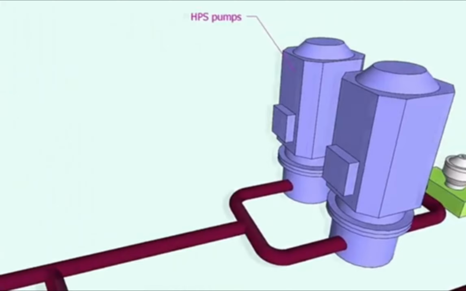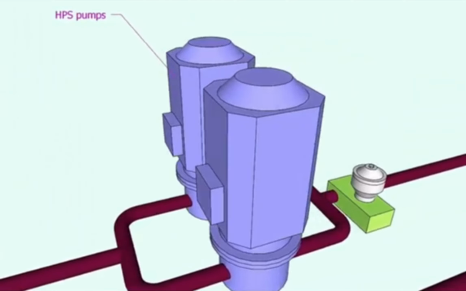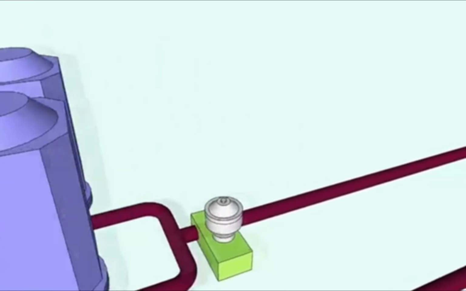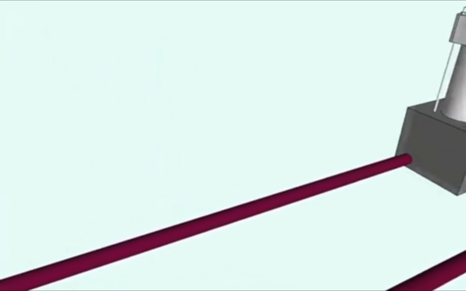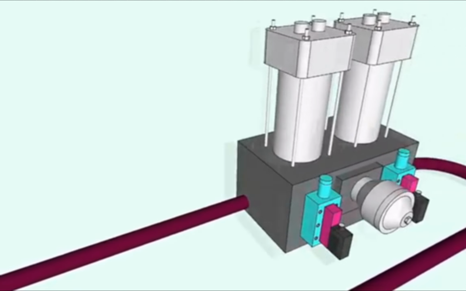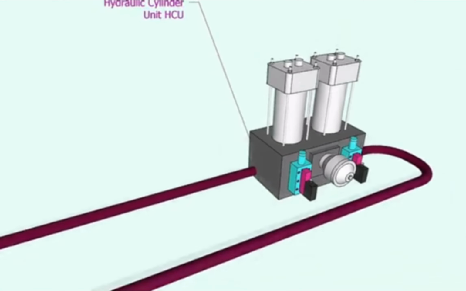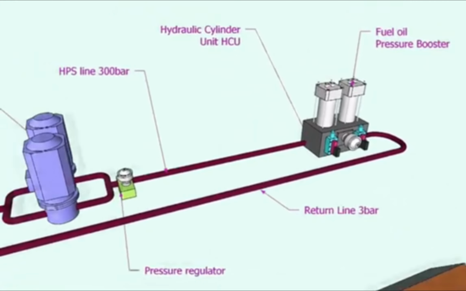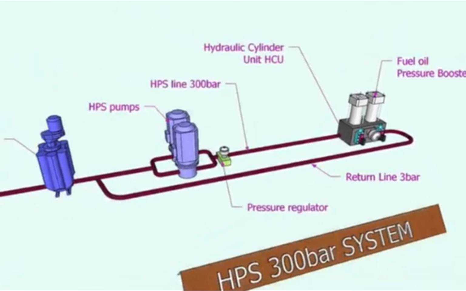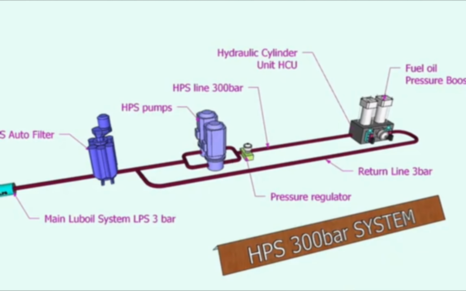And this is the setup. After the hydraulic control unit, the oil is returned back to the pump suction. This pressure is controlled by a proportional controlled pressure regulator and by the EICU, as we already saw. And this is the setup.